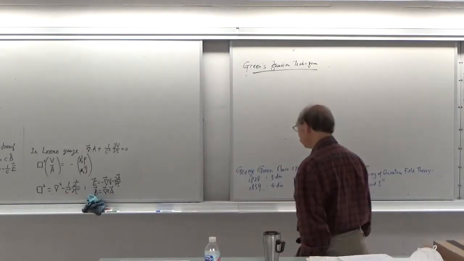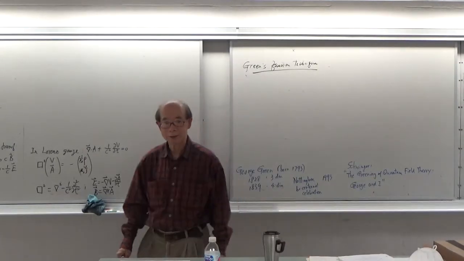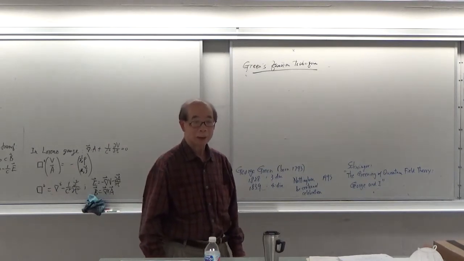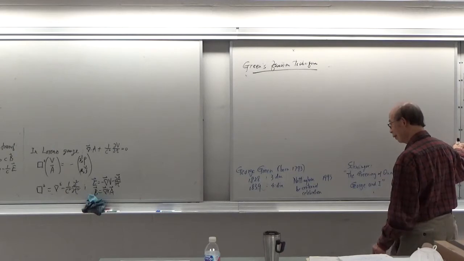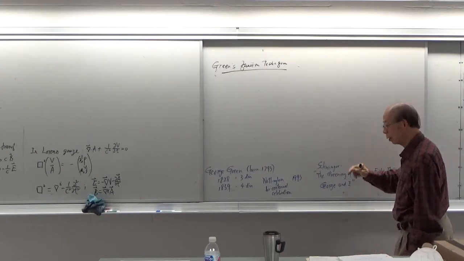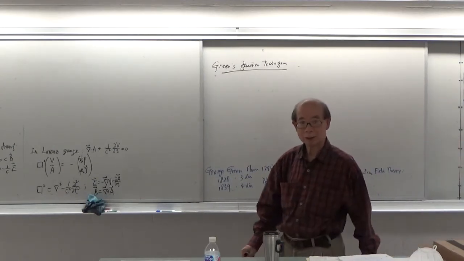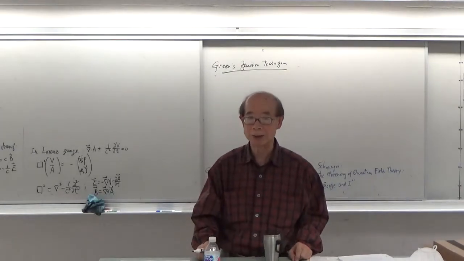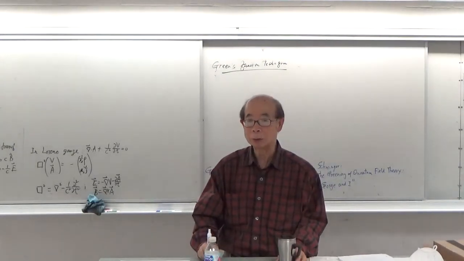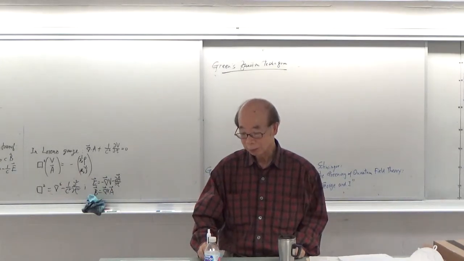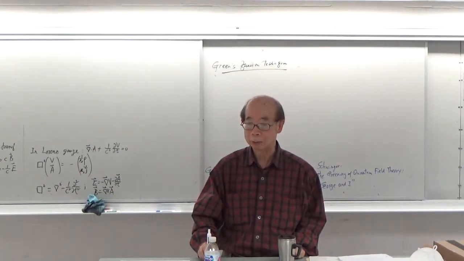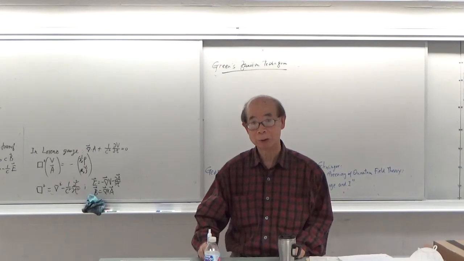And one of the most devoted students of the Green's function technique was my late thesis advisor, Julian Schwinger. Julian Schwinger was a master of this technique. And in fact, he used this technique to do his work in quantum field theory and QED, quantum electrodynamics. And you remember that his work on QED won him a share of the Nobel Prize.